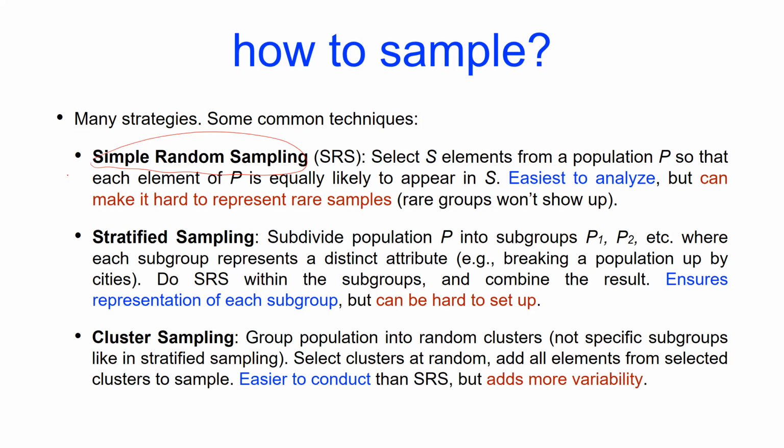All right. And then another popular way is called stratified sampling. This tries to say, can I find some attribute that naturally partitions my population? For example, city, a geography partition.